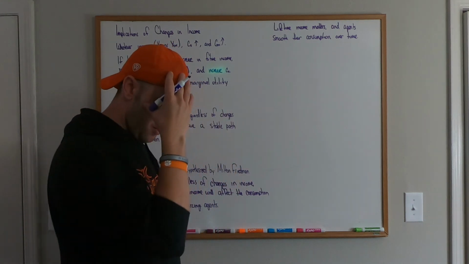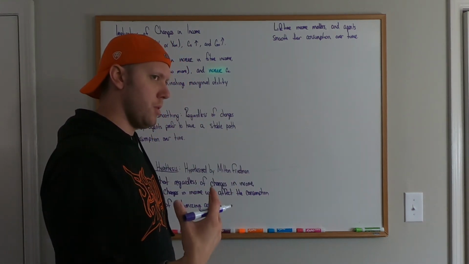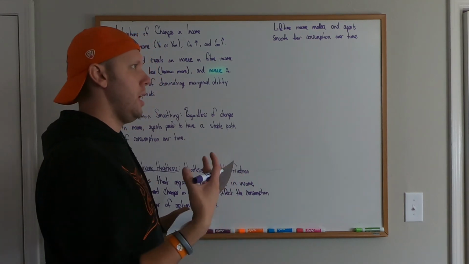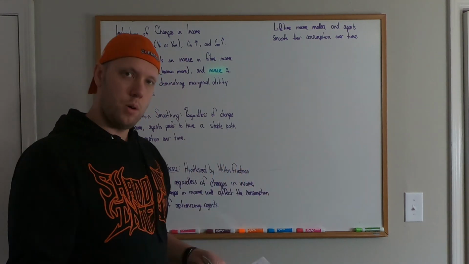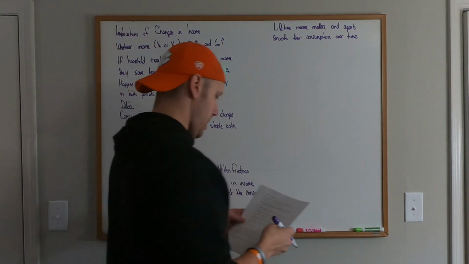Now, you're probably going, Jeremy, dude, what the hell? We saw there were changes in consumption and savings if there were, say, just a change in current income. There was, right? This is where it gets interesting, though.